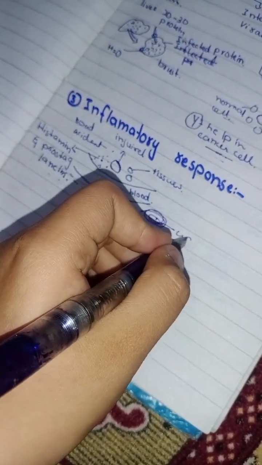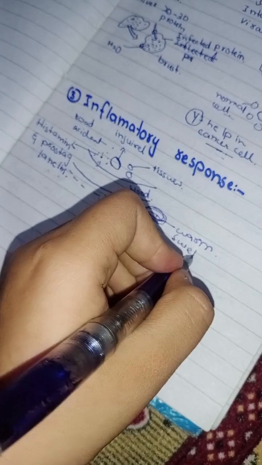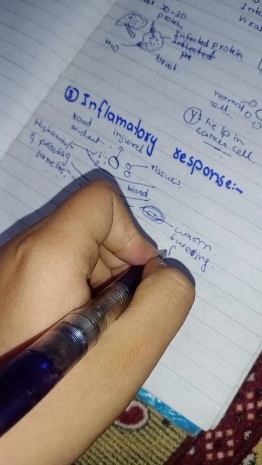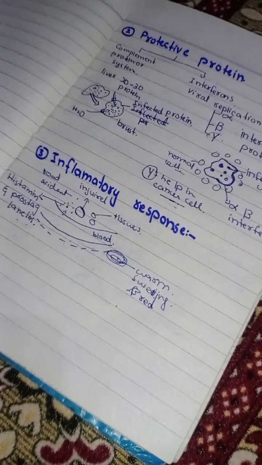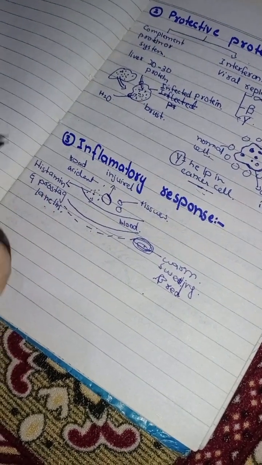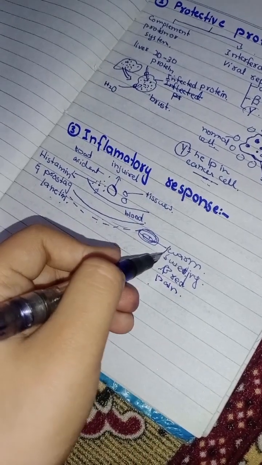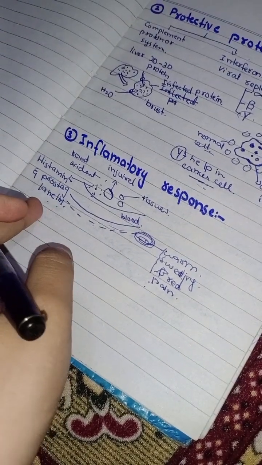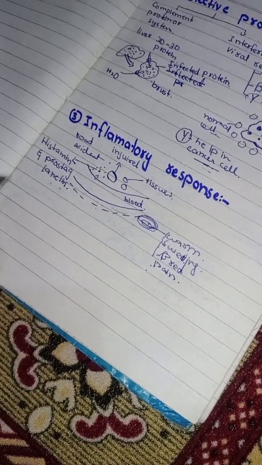The body will get warm and swollen, with a reddish part. When you get a little injured, that part swells up, turns reddish, and you get pain too. These are the symptoms caused by the release of histamine and prostaglandin.